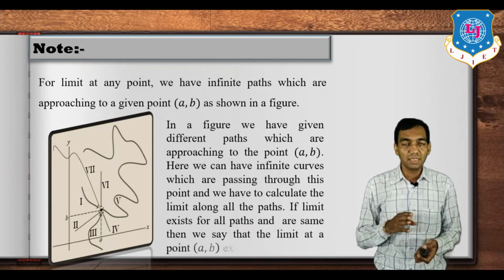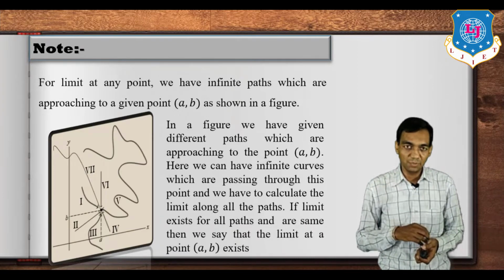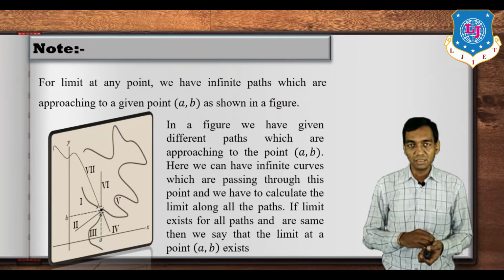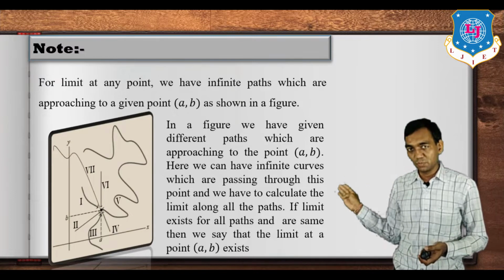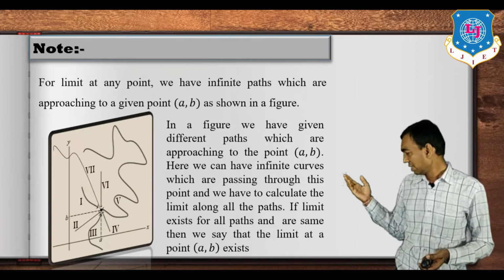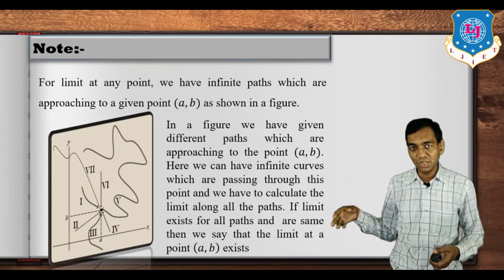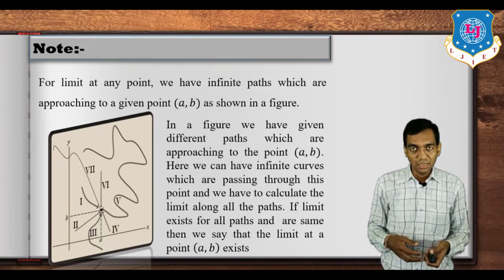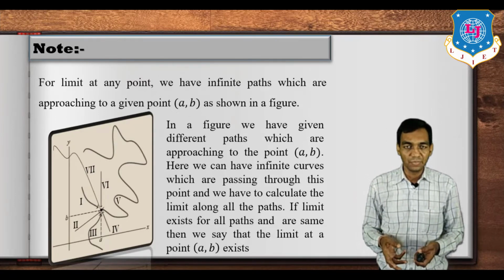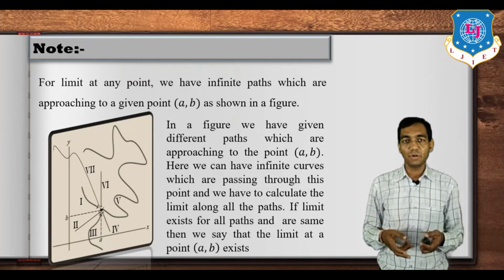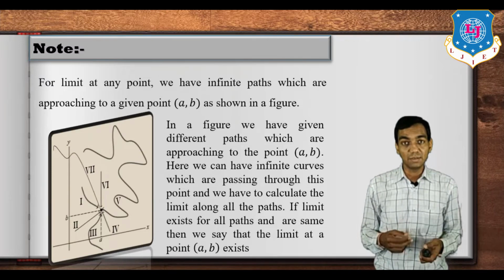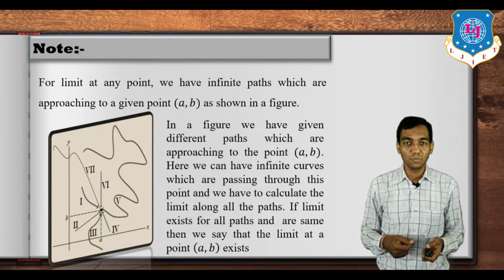There are infinitely many paths passing through the point a comma b, and they approach a comma b from different sides. It is not necessary to assume only this many paths; there are infinitely more. If you have to find the limit, then you have to find the limit along all of them. If the limits along all the paths exist and all are the same, then you have a limit at the point a comma b.